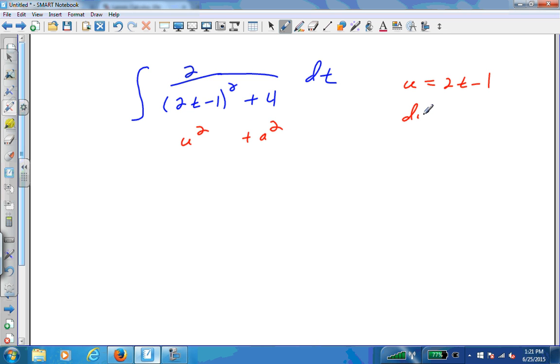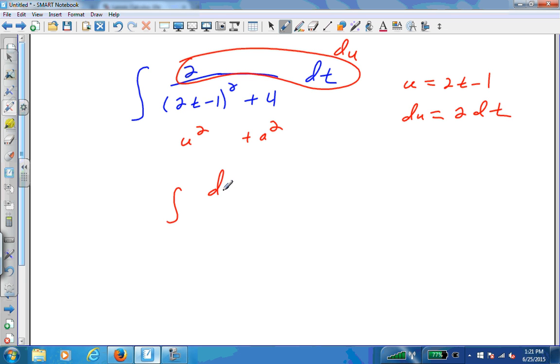So let's see if we've got du. Du would be 2 dt, so that's du. So we have du over u squared plus a squared, which is one of our integration formulas. I believe that's arctan.